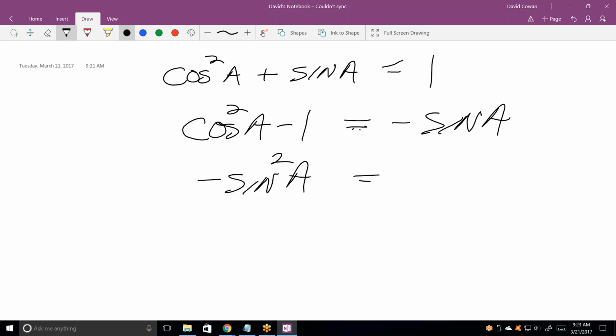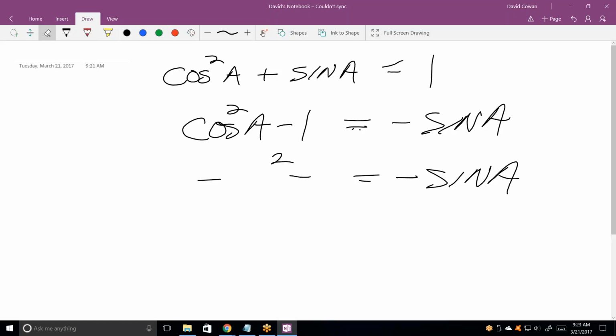Wait, why are we converting that to negative sine? We want to get everything in terms of sine. Well, would you not want to? Wait, why wouldn't we convert the cosine squared A into 1 minus sine squared A right off the get-go? Yeah, no reason. Let's do it that way.